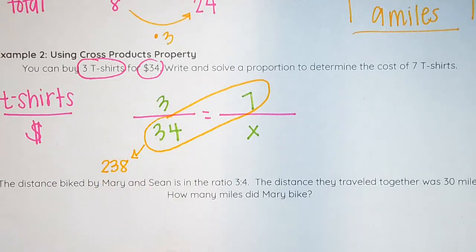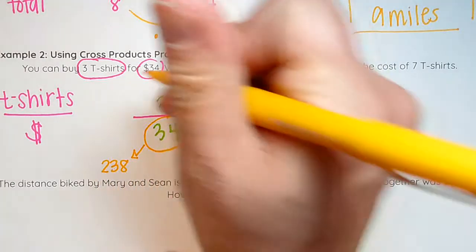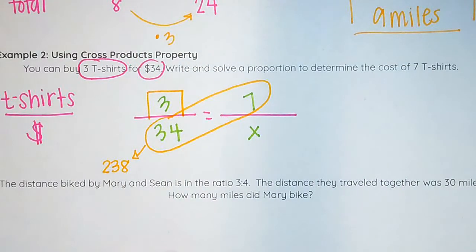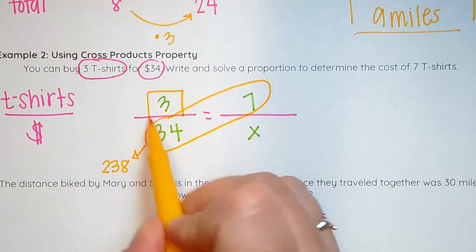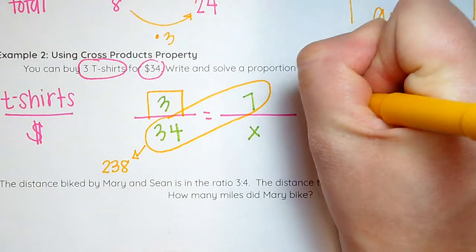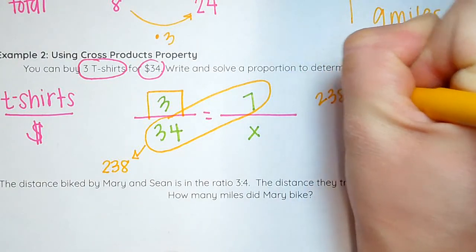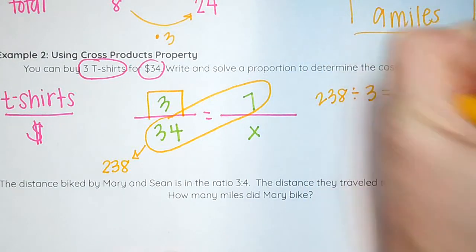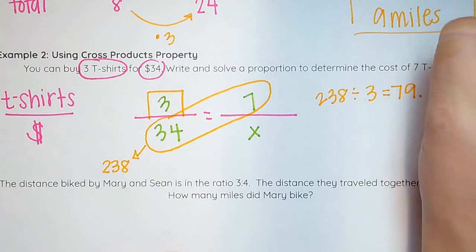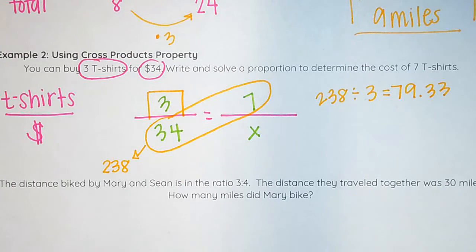How do I make sure that happens? Well, I take my 238 and I divide it by 3. To show my division that I'm dividing, I put a box around it. Now, 238 divided by 3, you are welcome to use a calculator for this, is 79.33.